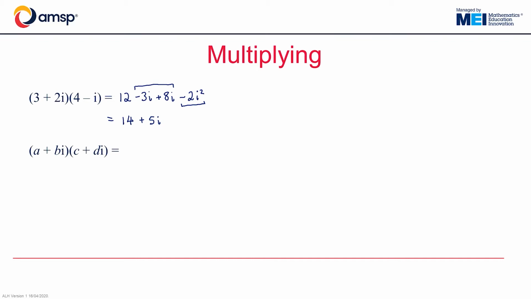We can generalise, of course, so for a plus bi multiplied by c plus di, we'll get ac plus adi plus bci plus bdi squared. So the real bit, we've got minus bd here, so that's ac minus bd, and then collecting the imaginary parts, ad plus bc i.